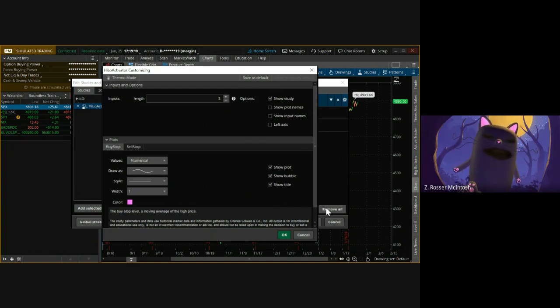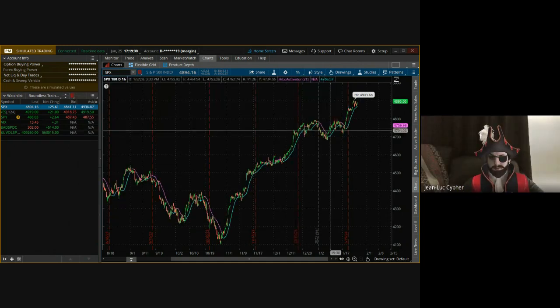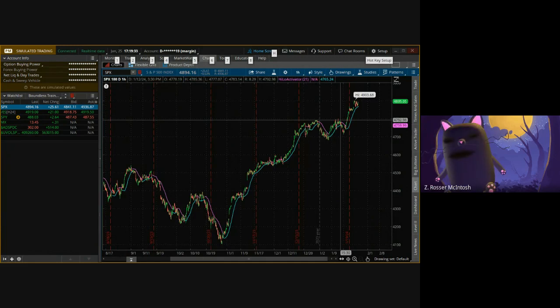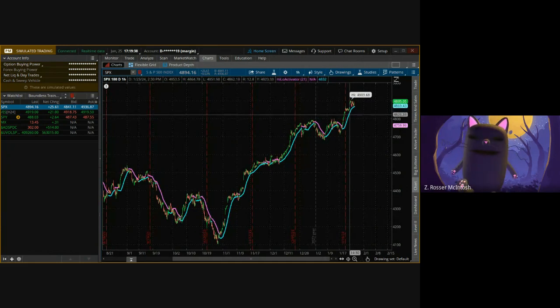Just change the length to 21. And okay, this is the only thing we're going to need. So that is basically a tool that assists with entry and exit decisions.